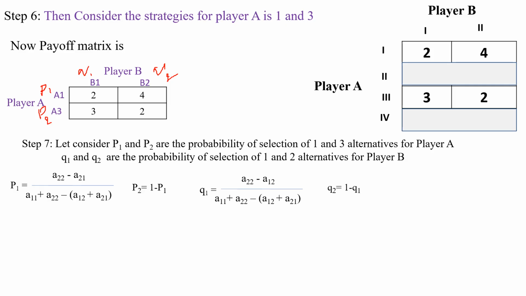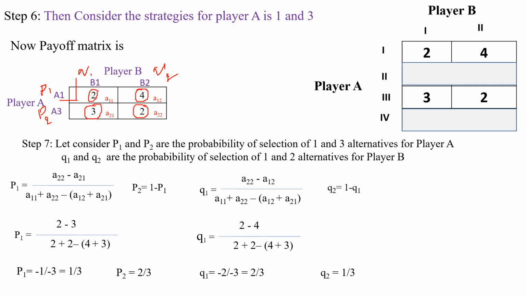So here, A11, A12, A21 and A22 values: A11 is the first row and first column value, that is 2, and similarly A12, first row and second column value, is 4, and A21, second row and first column value, is 3, A22, second row and second column value, is 2. Substituting these values, we get the P1 value as 1 by 3 and P2 value as 2 by 3.